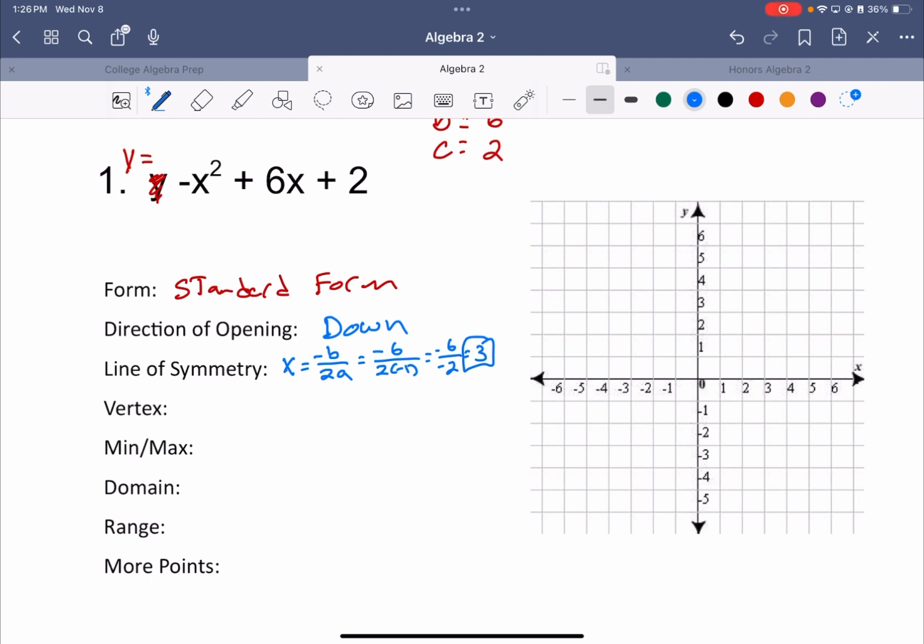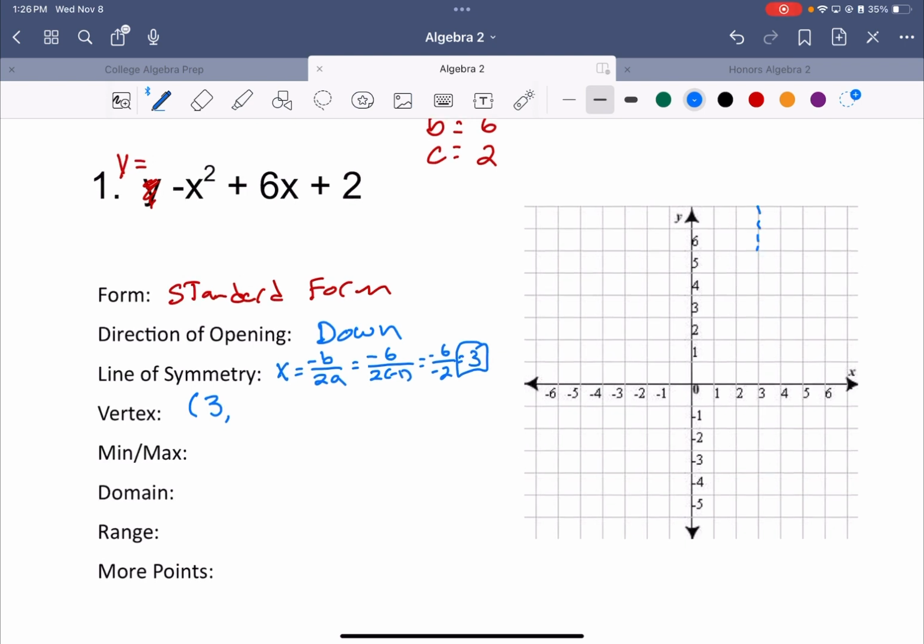Next part says find the vertex. Remember when we found the vertex, we knew the x value had to be 3. It has to be on the line of symmetry, and that line of symmetry was right here. How did we go about finding the y value? Very good. We plugged that 3 value into the original equation.